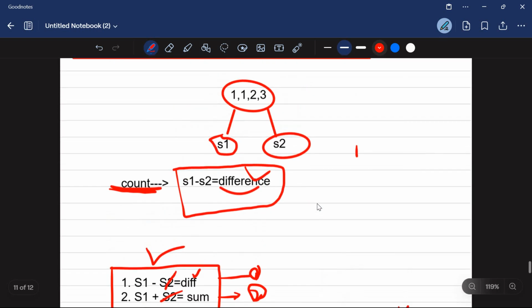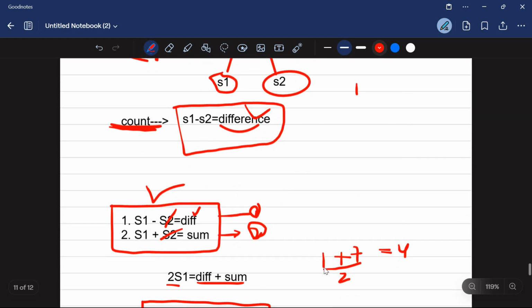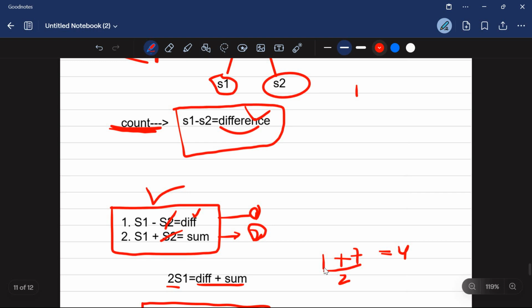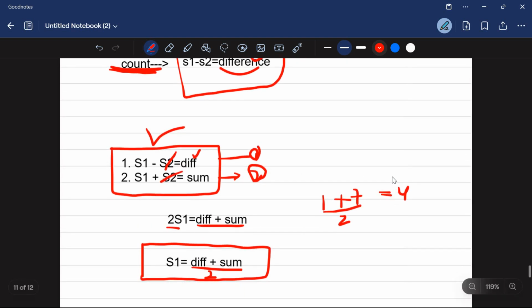If you really look at this example, let's consider the minimum difference is 1. I take the given minimum difference as 1 in this case. If you can see that, we get S1 as 4.